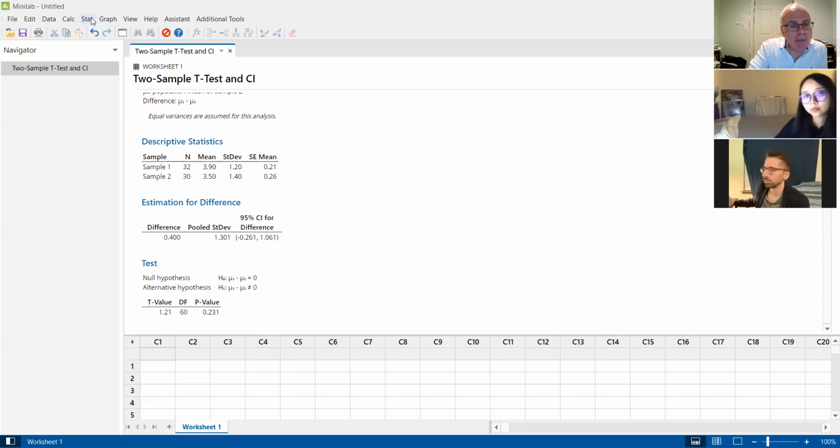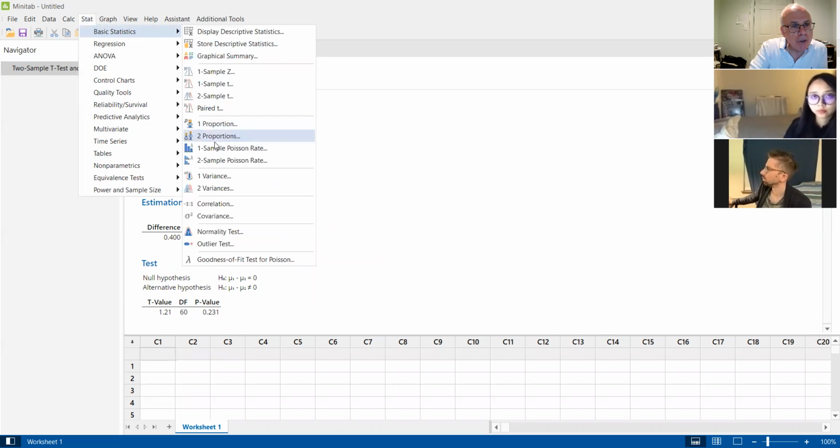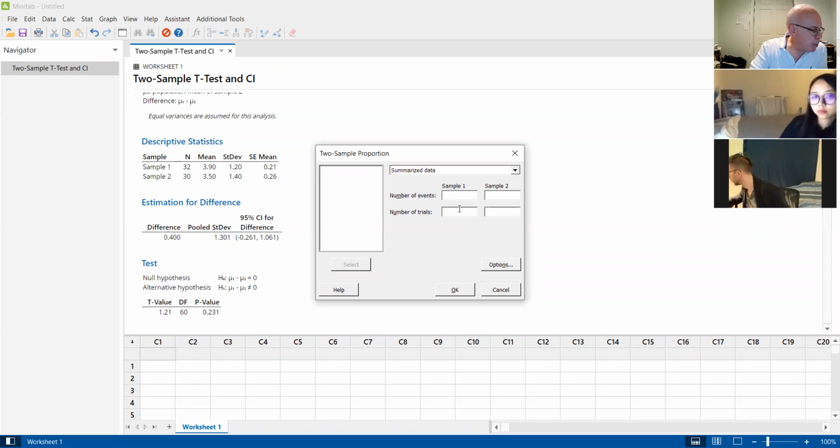You just go to Stat, Basic Statistics, and go down to 2 proportions. And then your dialog box picks Summarize Data. You have that? Yep. Just enter in what we just said. So number of trials would be the sample size for both of them, 400 and 500.